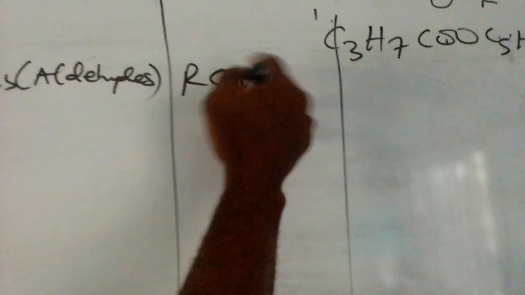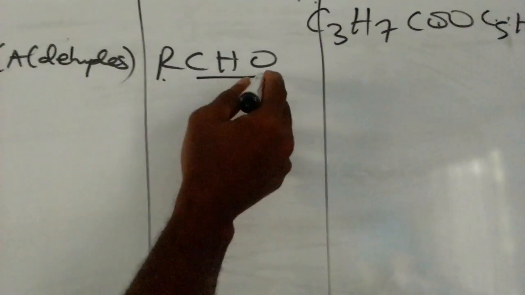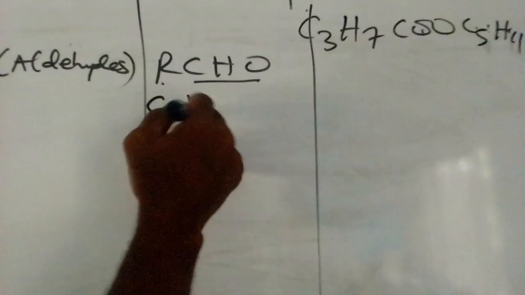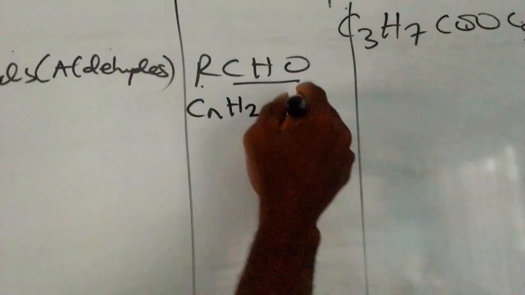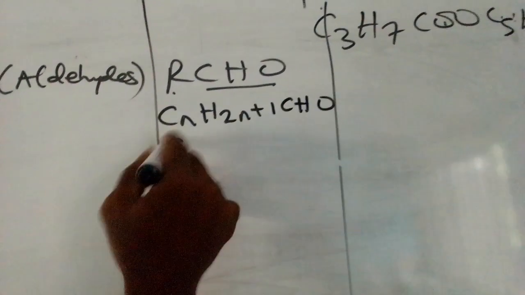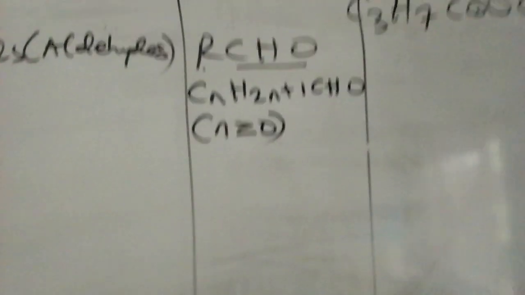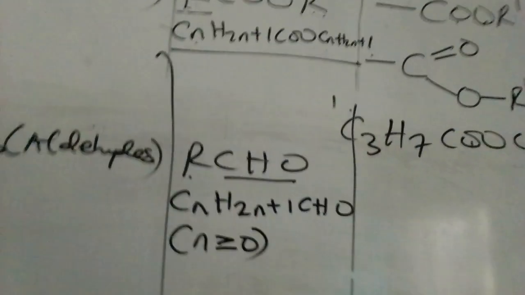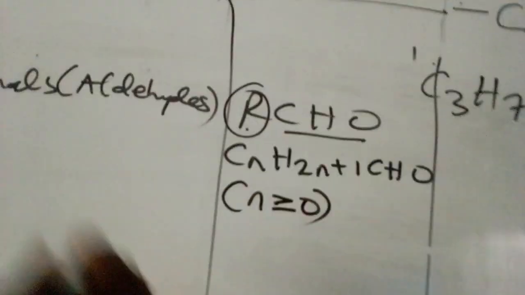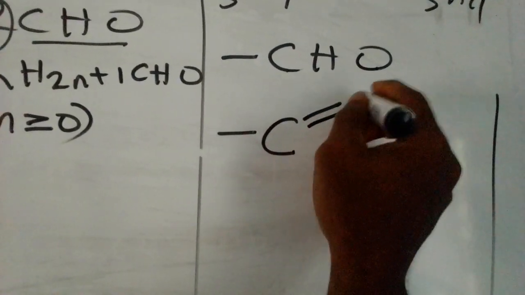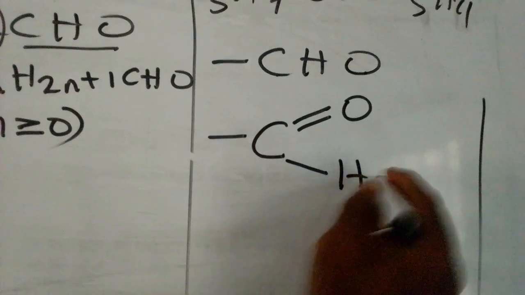The general formula is RCHO, alkyl group linked to this group, or CnH2n+1 CHO, where n starts from 0. So the functional group is obtained by removing the alkyl group. Here we will have CHO, or when you draw it, the carbon goes also with a double bond, then a single bond to hydrogen.